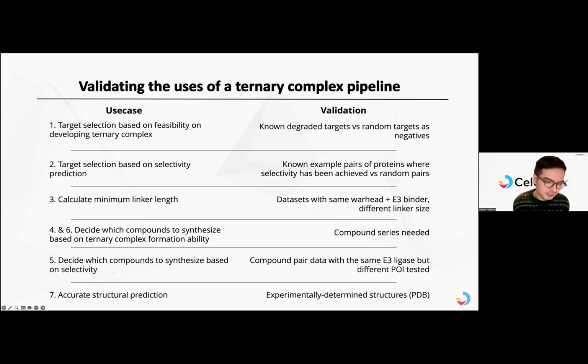For deciding which compounds to synthesize based on selectivity, you want pairs of data for the same PROTAC and the same E3 ligase, but different protein of interest, so 2 different proteins of interest at least.